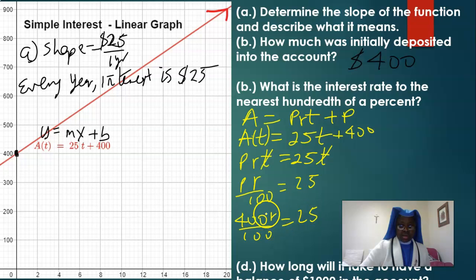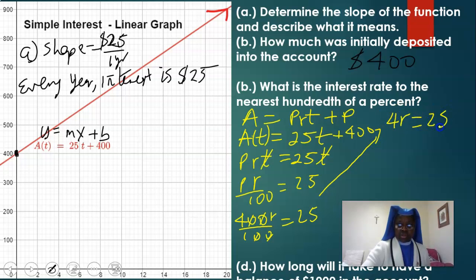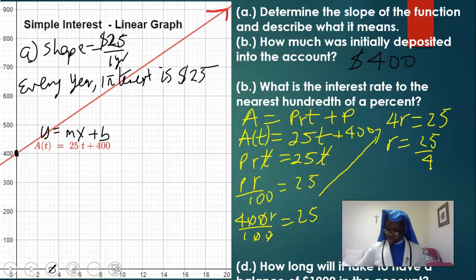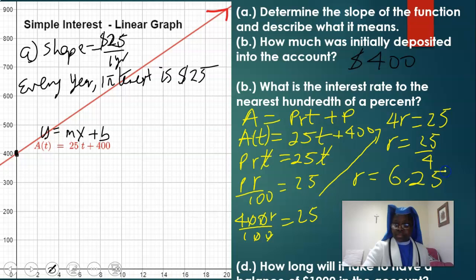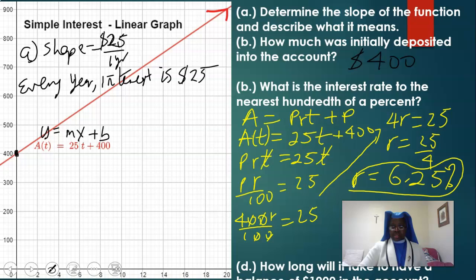This can cross out, you just do the algebra, simplify this. And so we have 4R equals 25. And so the R is going to be 25 divided by 4, which is 6.25. So it's 6.25%. Okay, that's it.